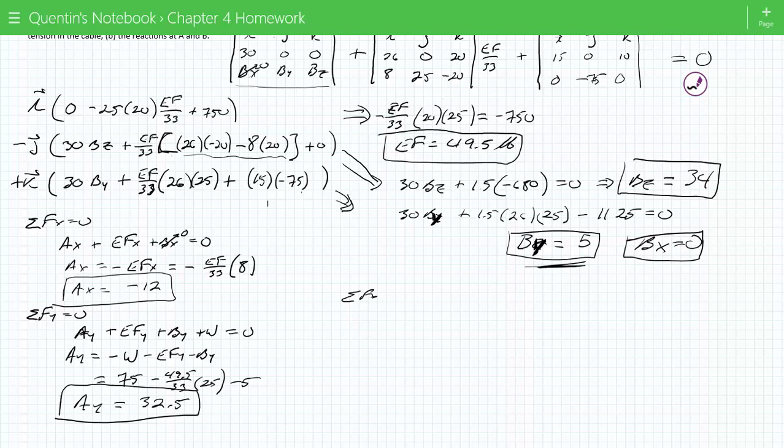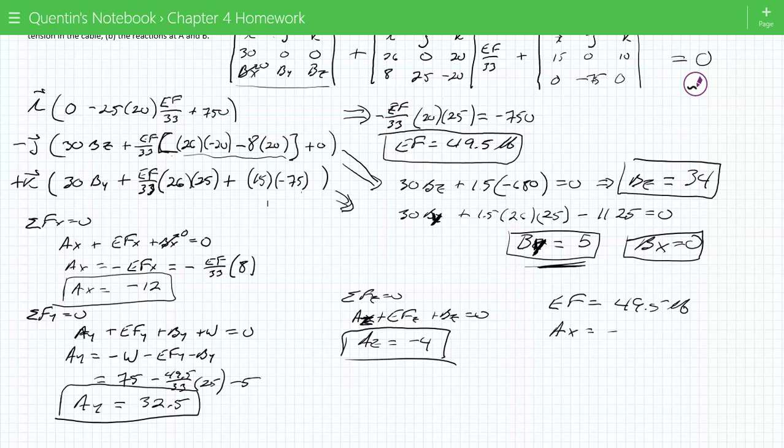And lastly, I'm going to scoot over here. Sum the forces in Z equals 0 is going to give me AZ plus EF in the Z direction plus BZ is equal to 0, and that tells us that AZ is equal to minus 4. And that's your final answer. So if I was to do this on a chart, I would say that EF is equal to 49.5 pounds.